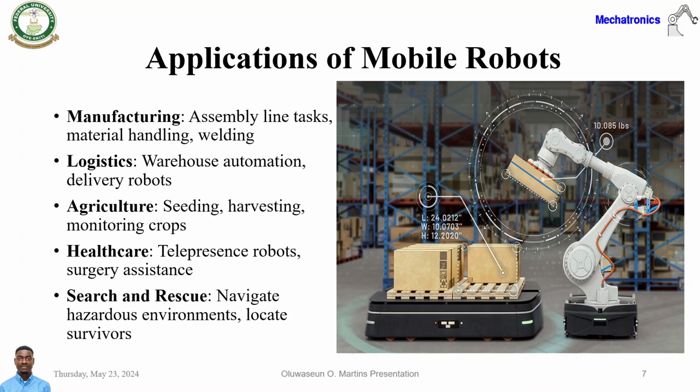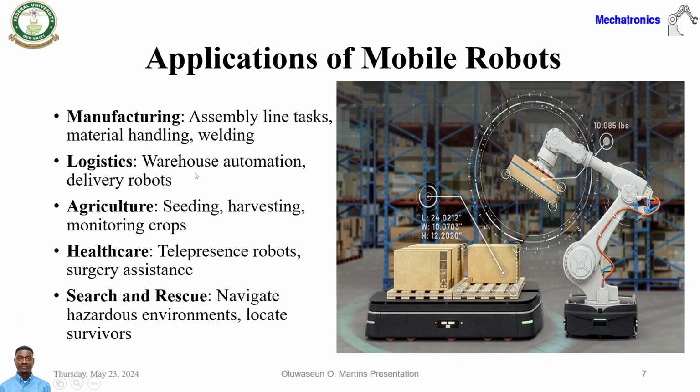Now for the applications, there are several applications of mobile robots. To the right of our screen, we can see here a robot arm with a mobile robot base for locomotion within the environment. Then we also have a mobile robot platform that bears the pallet where this robot arm will drop these boxes, and this other mobile robot here will take them to a designated location.